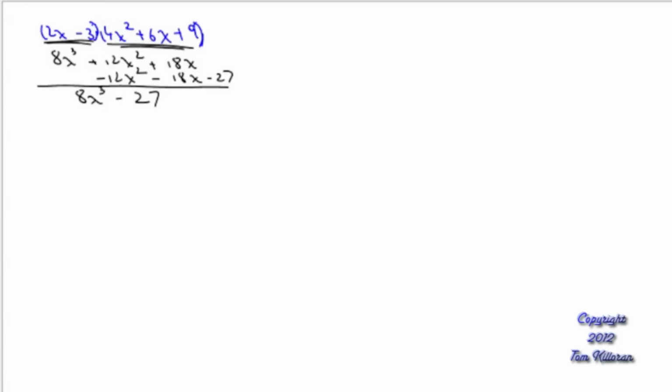So the pattern is this. If I have x cubed plus 64, the first step is, number 1, take the cube root of everything. If you take the cube root of everything, that gives you the binomial piece. So you're going to get x plus 4.